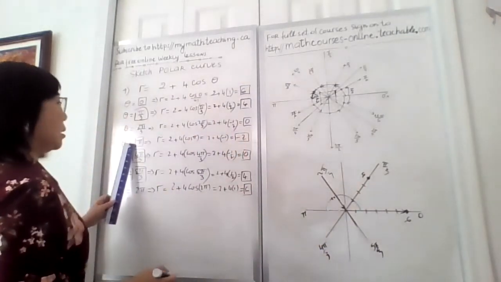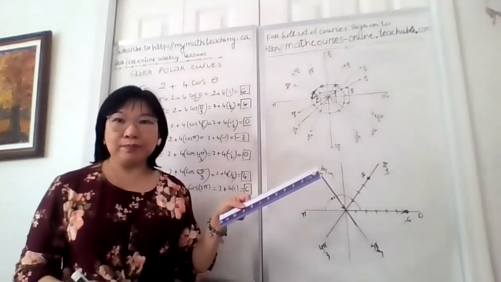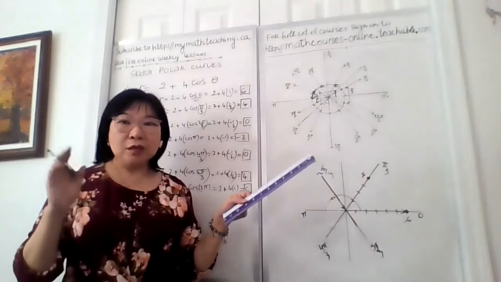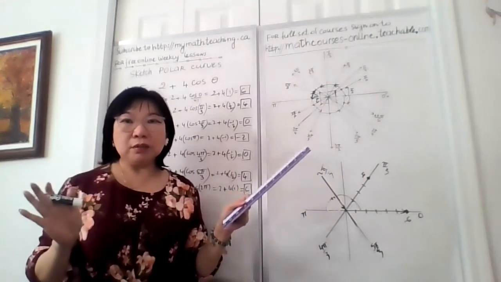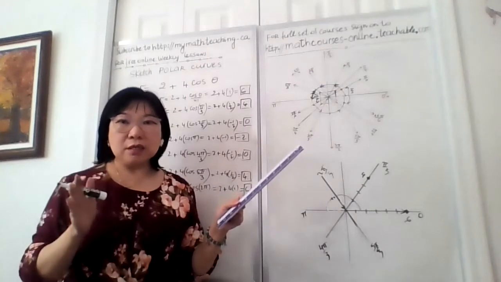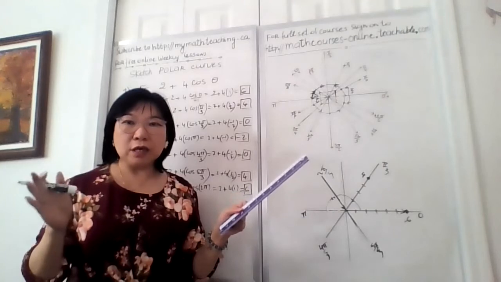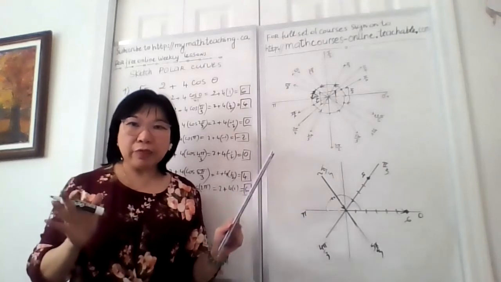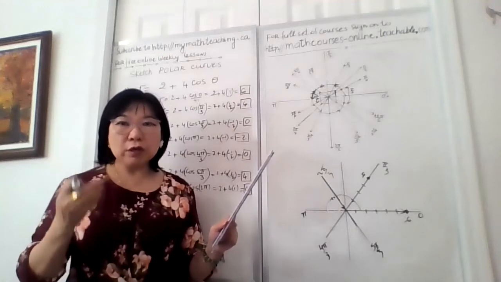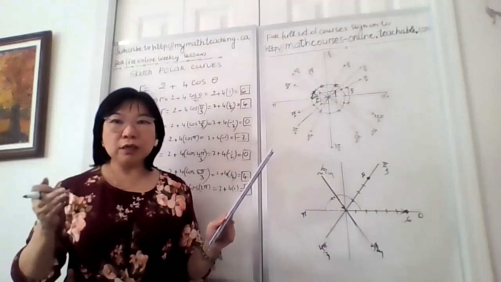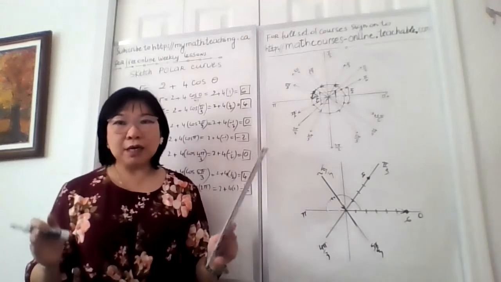Now at pi, it goes to -2. So just remember, like in physics, right? We're talking about distance or displacement. The distance is the radius, which is the length of the radius. It's always positive. However, when we're talking about displacement, we're talking about negative direction. If you go to the left, we have a negative.